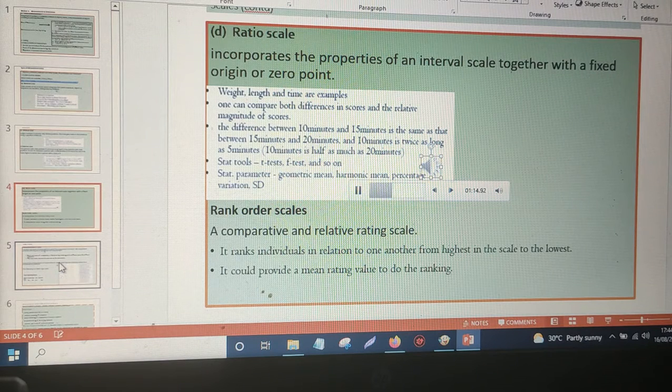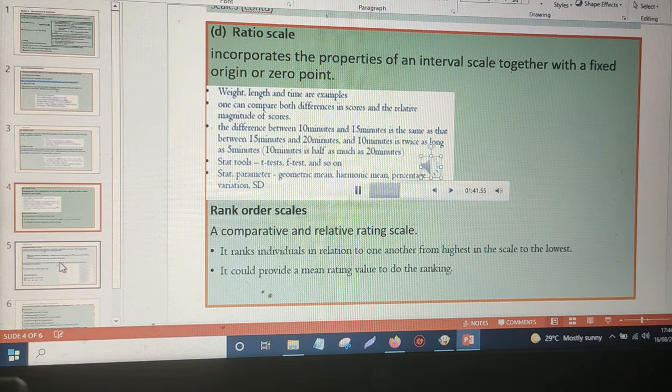So for instance, let's use time, because time is also on the ratio scale because it has origin. The difference between 10 minutes and 15 minutes is the same as between 15 minutes and 20 minutes. Then we can also say that 10 minutes is twice as long as 5 minutes, or 10 minutes is half as much as 20 minutes.